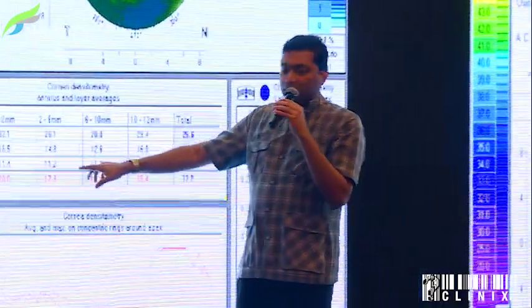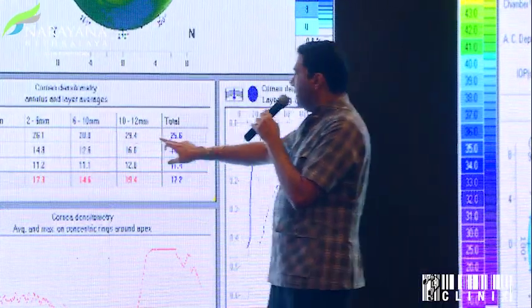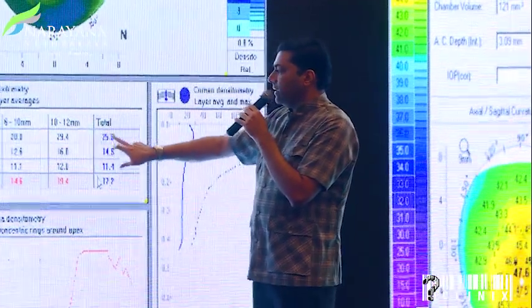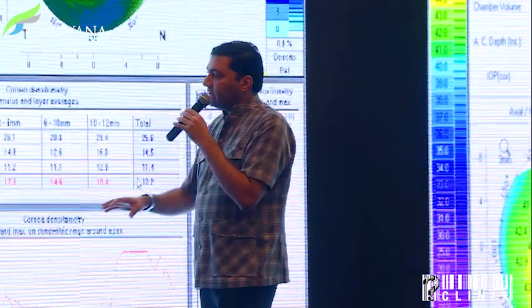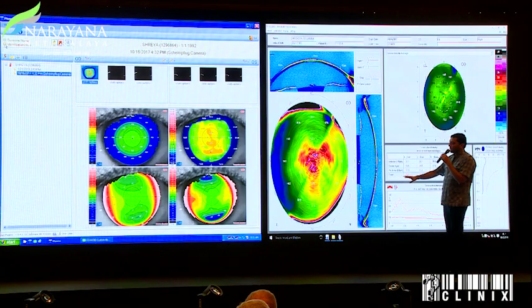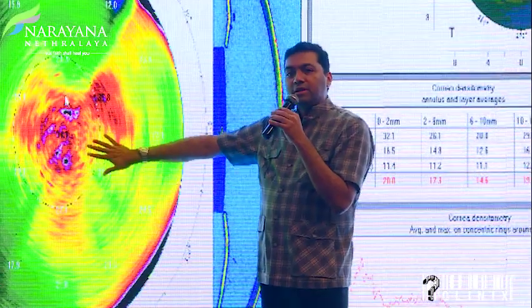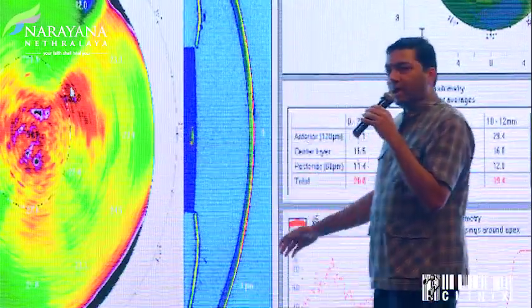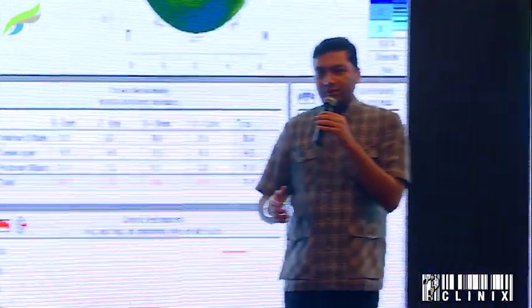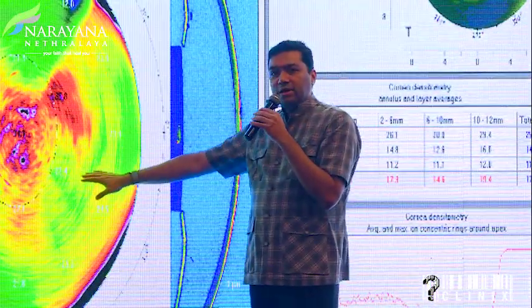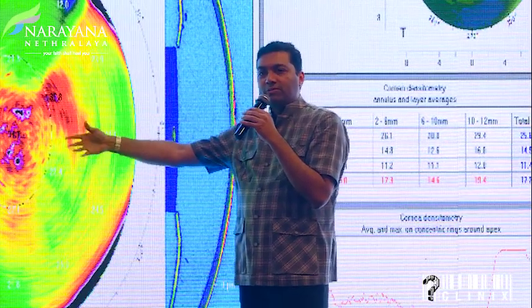It gives you the haze densitometry from 0 to around 12 millimeters. What is important is that the denser this is, the poorer the repeatability. So for my outcome measure, I try to compare this to a stage where it becomes closer to the pre-op stage.